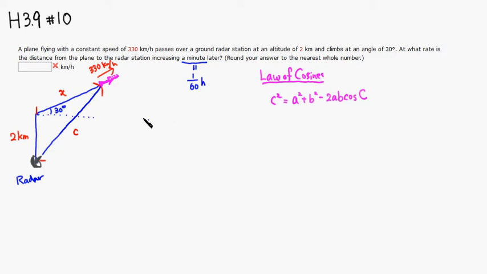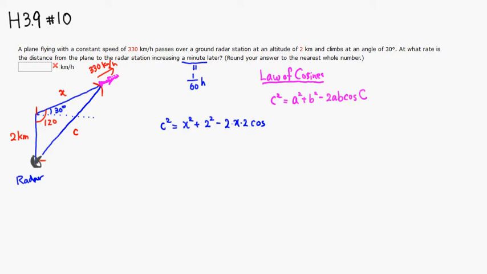In this case, c squared is equal to x squared plus 2 squared minus 2 times x times 2 times the cosine of the angle. The angle here is 90 degrees plus 30, which is actually 120.